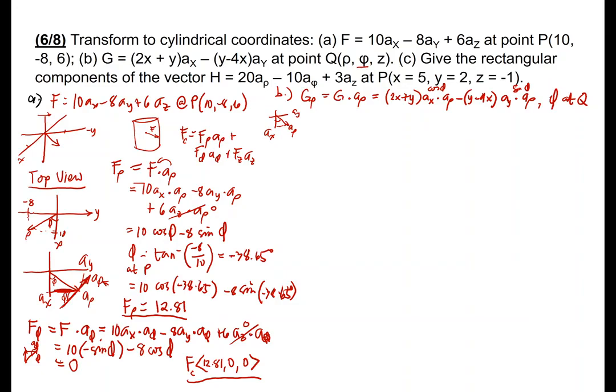So we know that at point Q, x is equal to rho cosine phi, then also y is equal to rho sine phi.